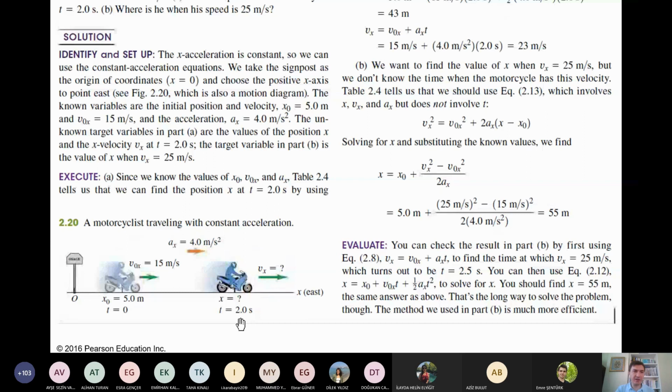And in part B, the unknown target variable is the x, the position when the velocity is 25 meters per second. So then which equation do you have to use from these equations? Which one is useful for you?